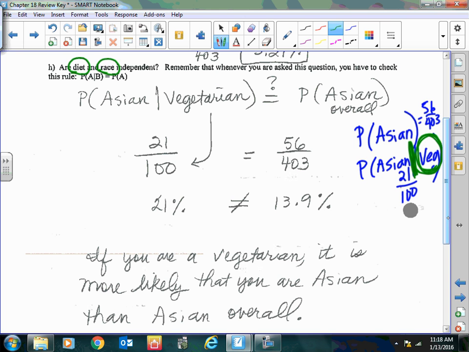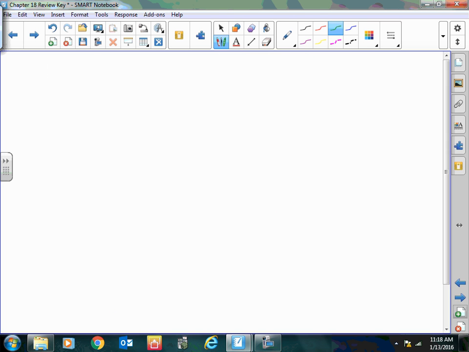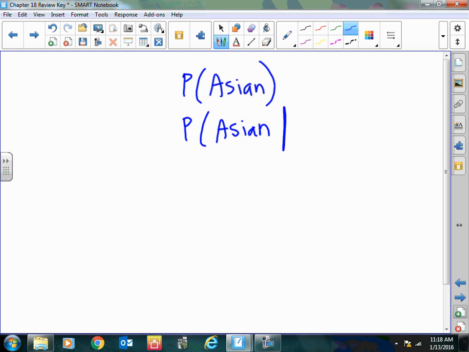Okay, part H. This is that thing about independent. I actually want to have a little bit more work room here, because of the way I taught y'all, remember this, and I just picked a race. You could pick any race, black, white, Hispanic, whatever, that they have data on. I picked Asian. You could also put vegetarian or not vegetarian right there. Doesn't matter. Pick either a race or a diet. Then do that same race or diet given that something else has happened.